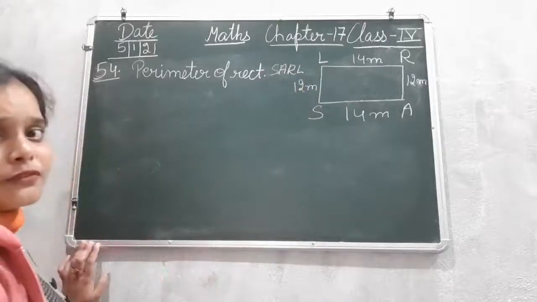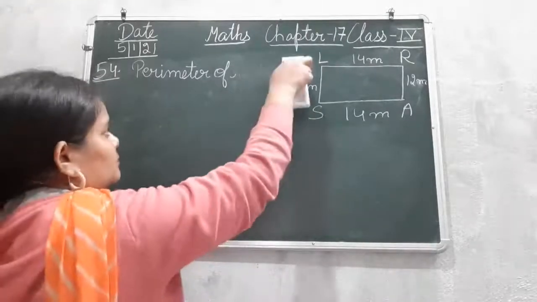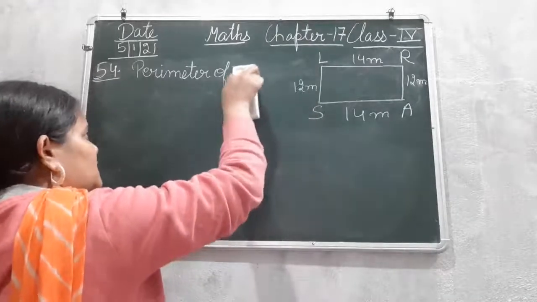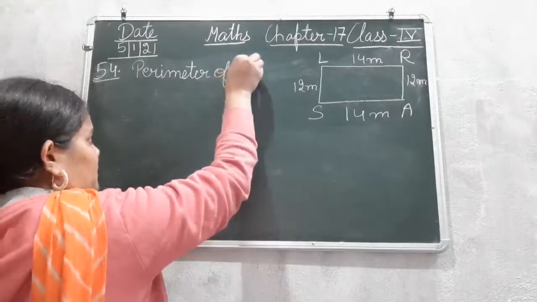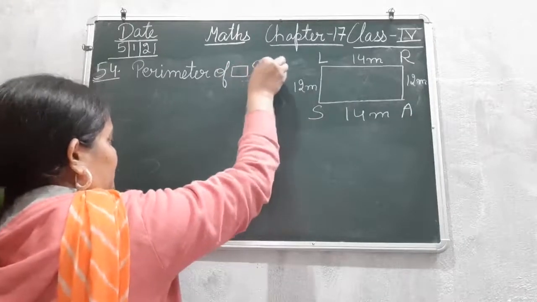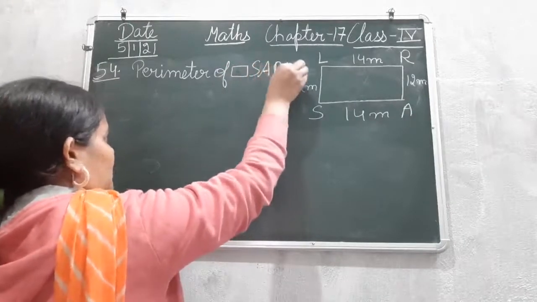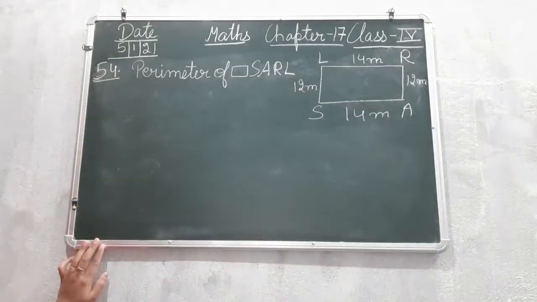Now we have to find the perimeter of this rectangle. Okay, in spite of writing the word rectangle, you can make a small rectangle as well. ये एक symbol होता है. Rectangle SARL. Okay, so perimeter of rectangle SARL, ये हमें ढूंढना है.